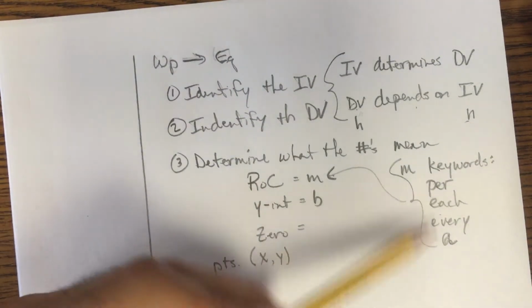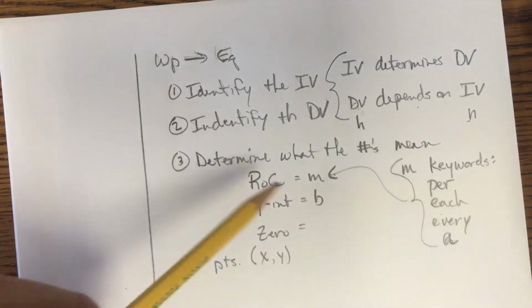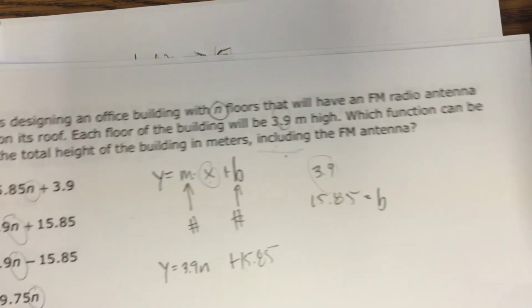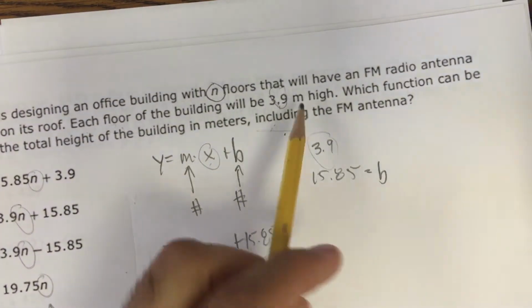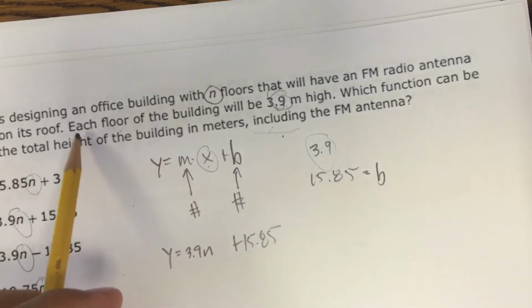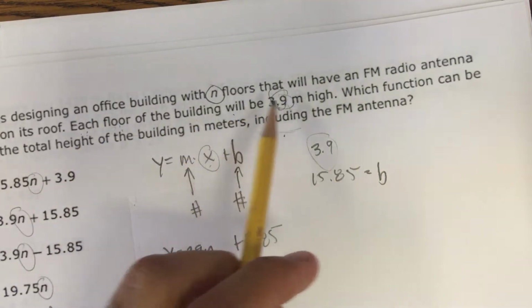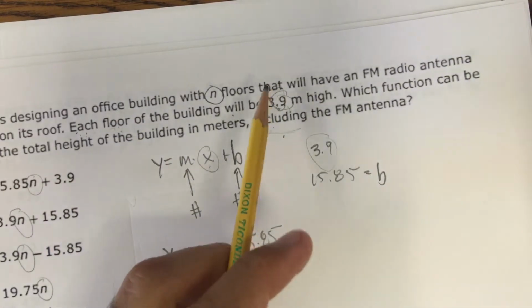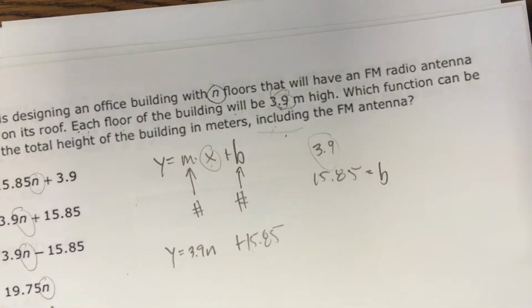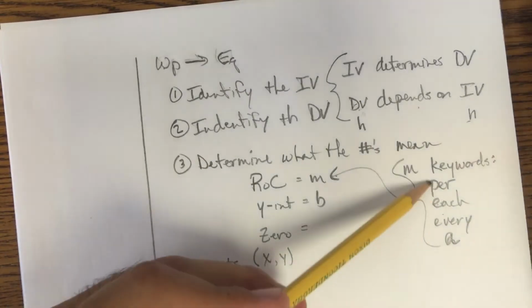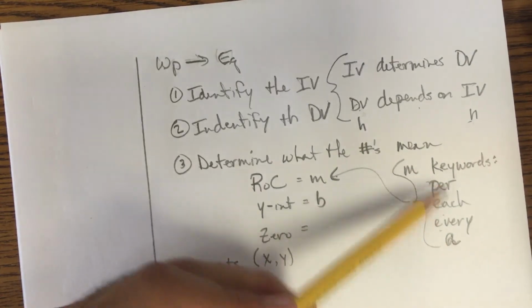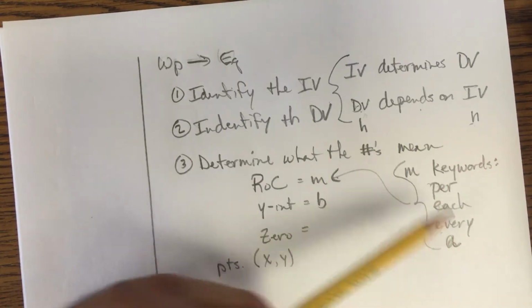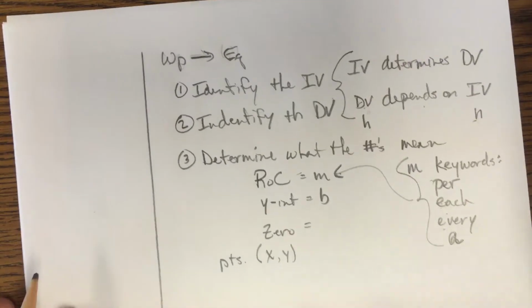So if you see one of these 4 keywords, per, each, every, a, you know that that number is going to be related to the slope. So right here, let's look at the sentence. It's 3.9. Look how the sentence starts out. Each floor of the building will be 3.9. Each 3.9. 3.9 was the slope. So if you can find per, each, every, a in the problem, you know that whatever number is associated with these keywords is going to be the slope.